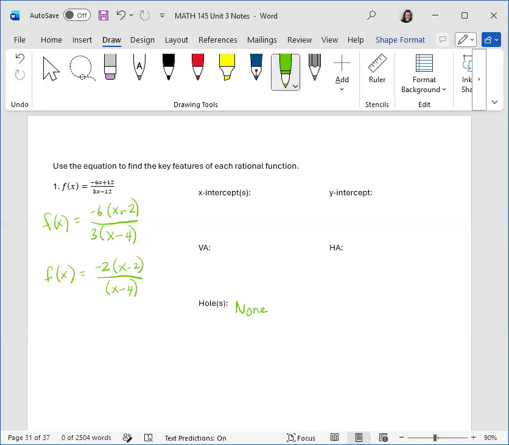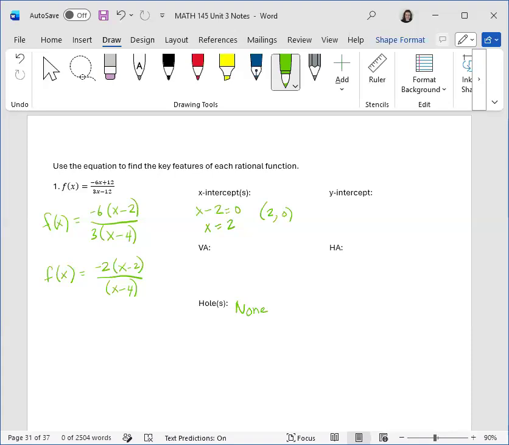The factor that I'm looking at that I set equal to 0 is the x minus 2. So if I set that equal to 0 and solve, adding 2 to both sides, we get the x-intercept is located at 2. So that means the point (2, 0) is going to be the location of the x-intercept.